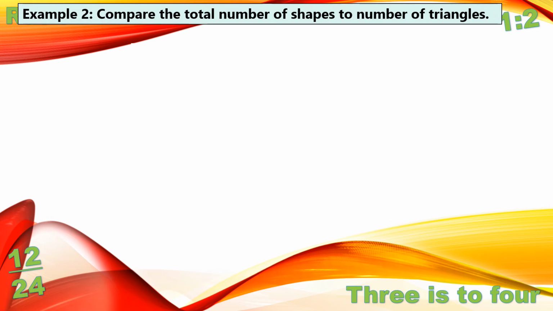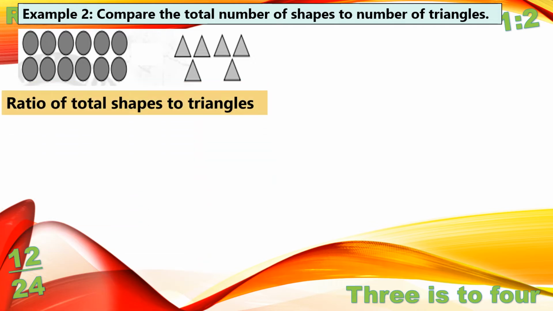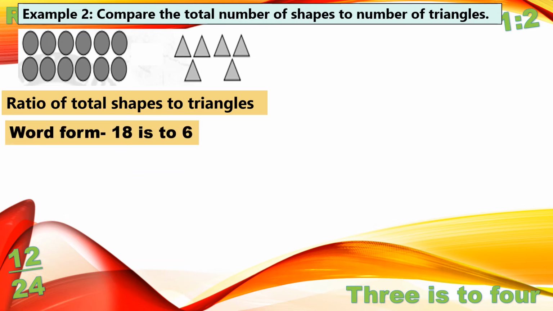Okay, example number 2. Compare the total number of shapes to number of triangles. So, kanina nabilang na natin kung ilan yung circle and triangle. So, pagsamahin lang natin. So, 12 plus 6 equals 18. So the ratio of total shapes to triangles, word form, 18:6.